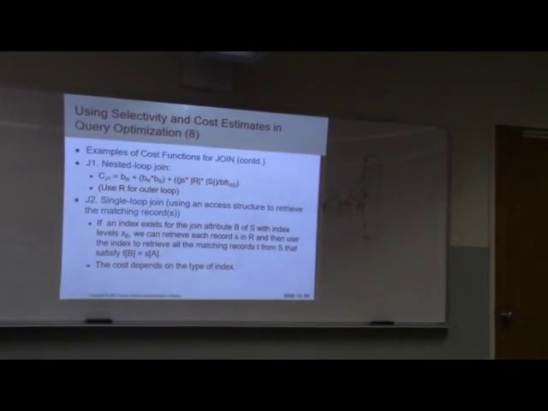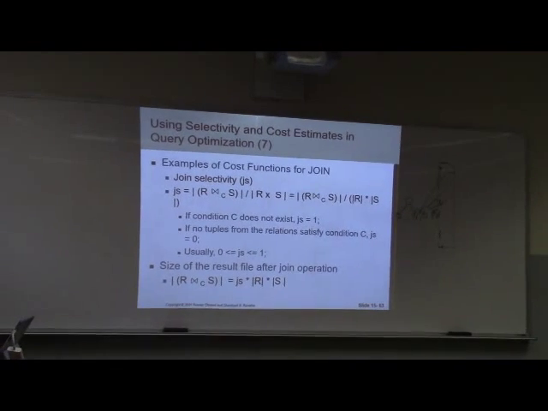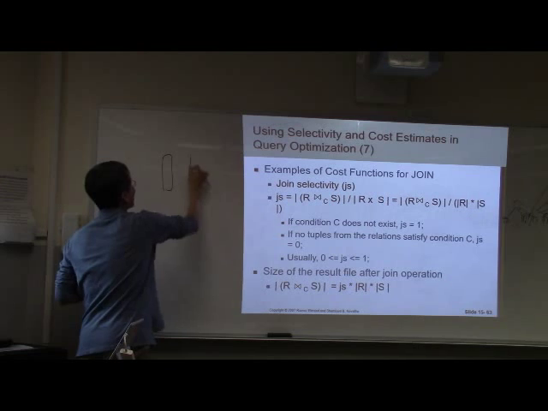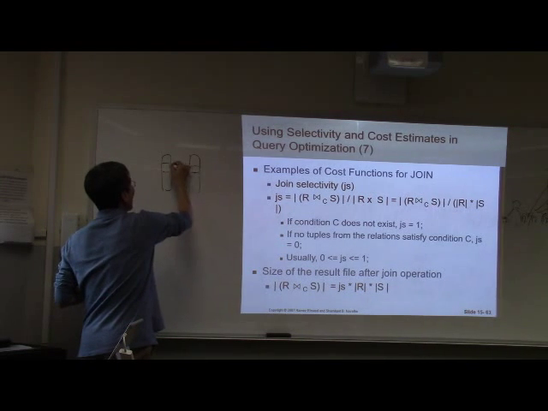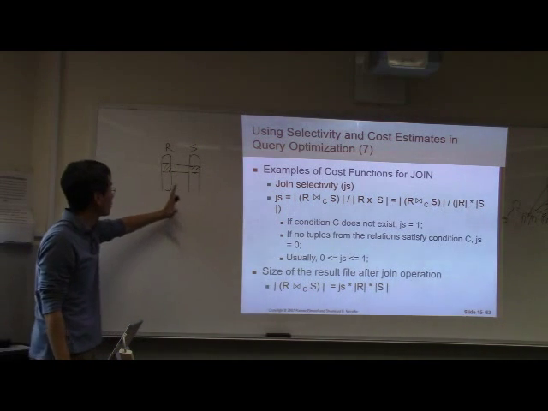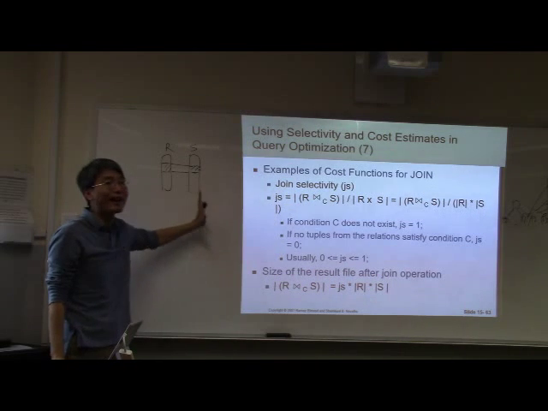Okay. Then the next one is the join condition. Last time we saw what join selectivity is. Join selectivity means how many percent of the tuples match between R and S. R is called the outer table or driving table, and S the inner table or driven table.